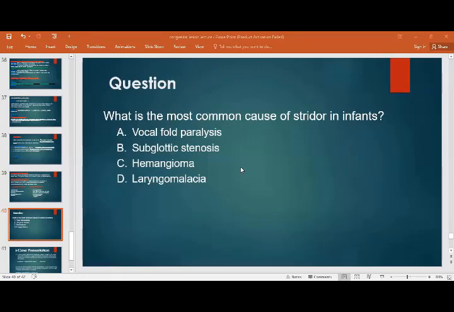As we have gone through it, the commonest cause of stridor in infants is basically laryngomalacia.